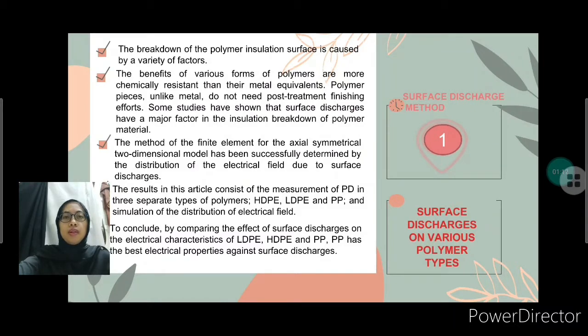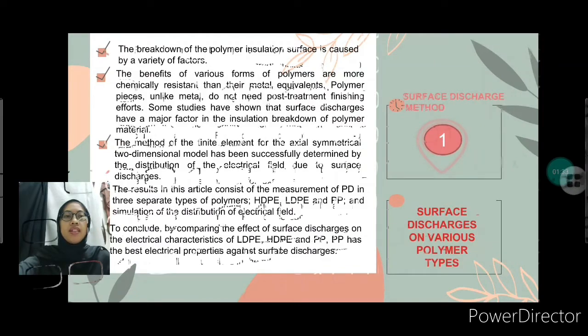To conclude, by comparing the effect of surface discharge on electrical characteristics of LDPE, HDPE, and PP, polypropylene has the best electrical properties against surface discharge.